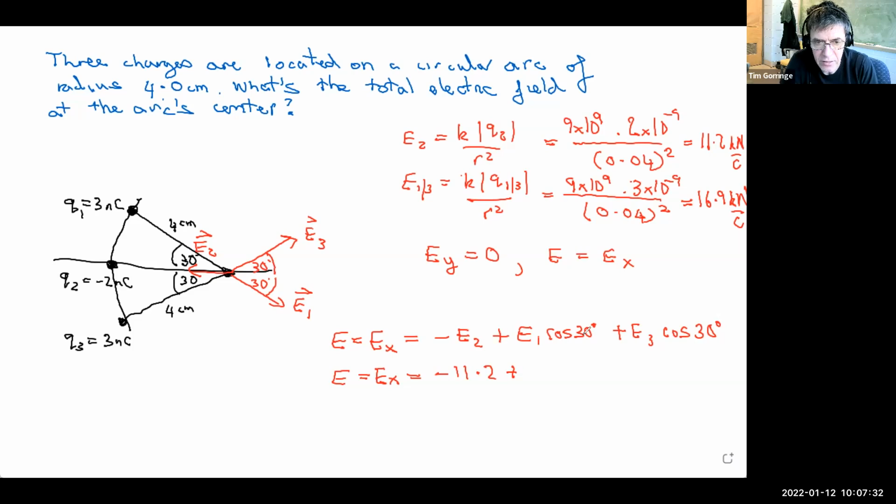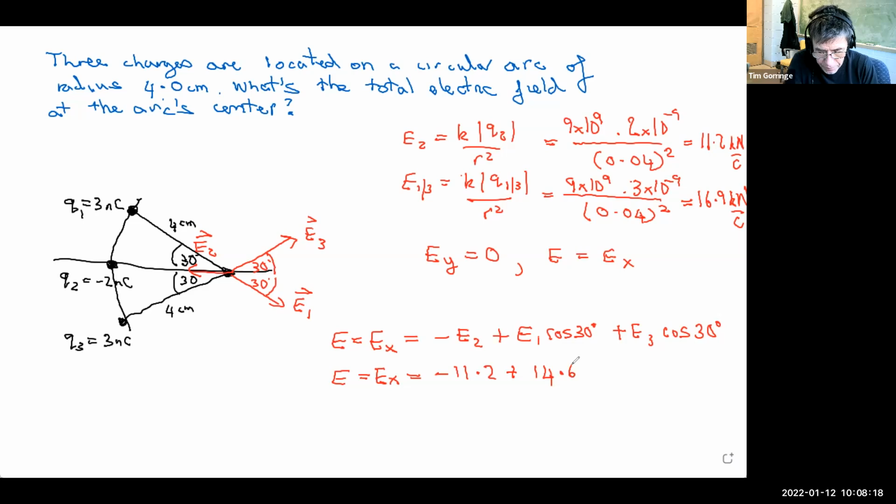So E1 is 16.9 kilonewtons per coulomb. Cosine 30 degrees is 0.866. I multiplied those together and I got 14.6 kilonewtons per coulomb.